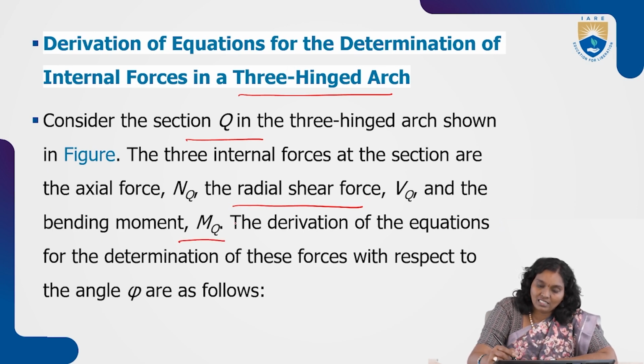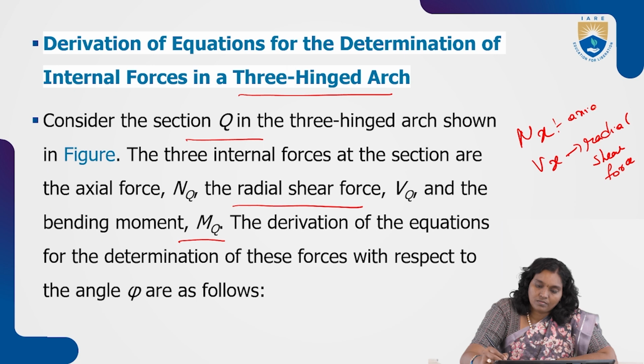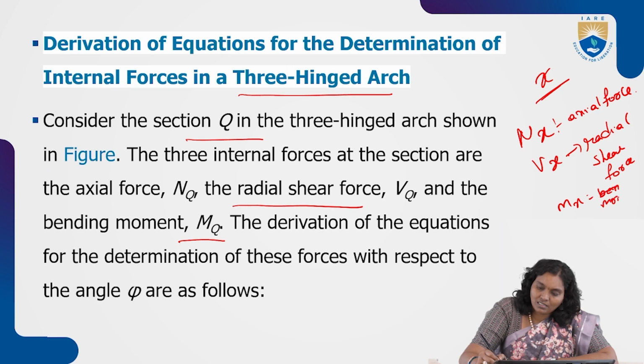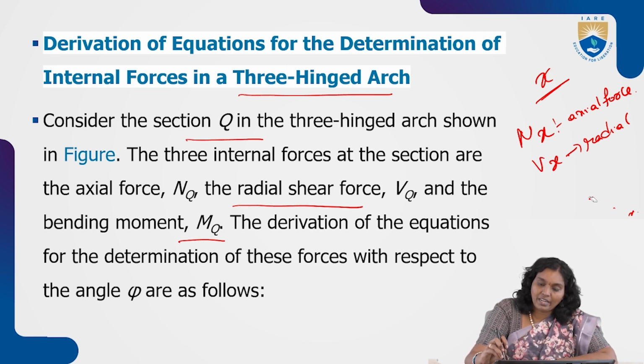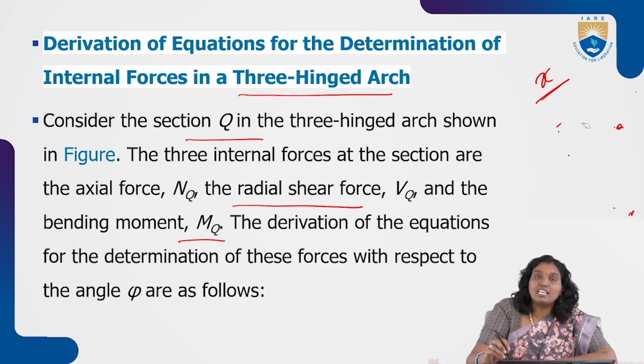In terms of X, they are NX, that is the axial force, VX, that is the radial shear force, and M of X, that is the moment with respect to that axis, if we consider X instead of Q. Moments in terms of X. So like this we are understanding the various parameters which are involved in this three-hinged arch.